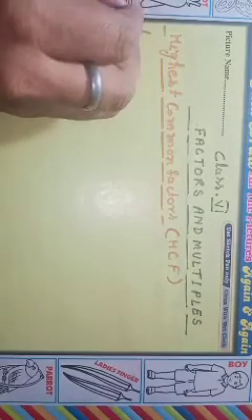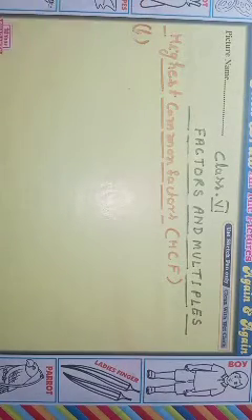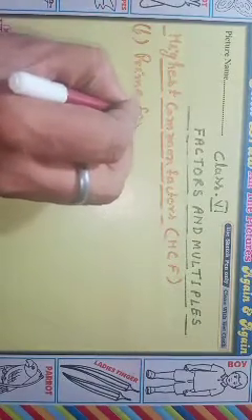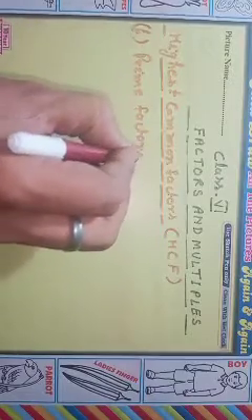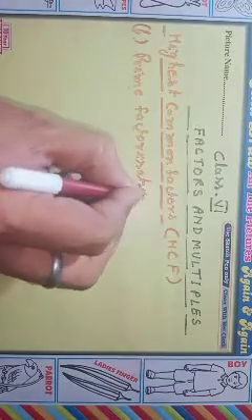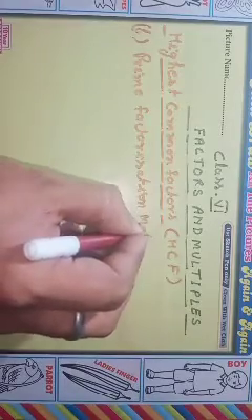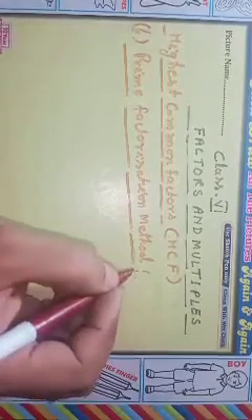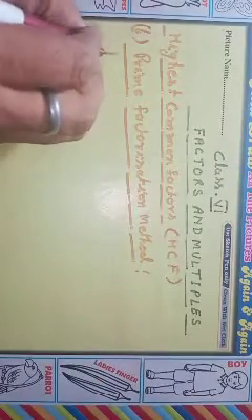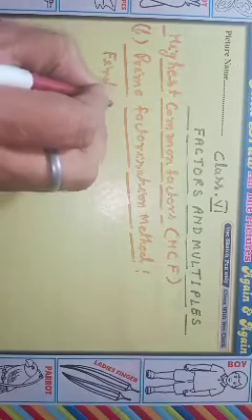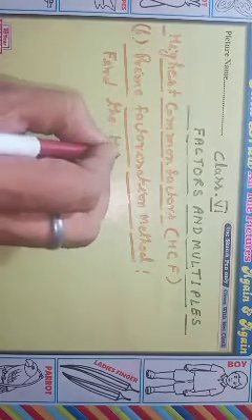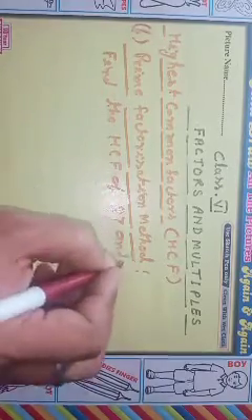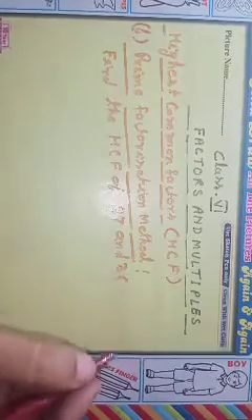Now the second method is prime factorization method. Find the HCF of 27 and 36 by prime factorization method.